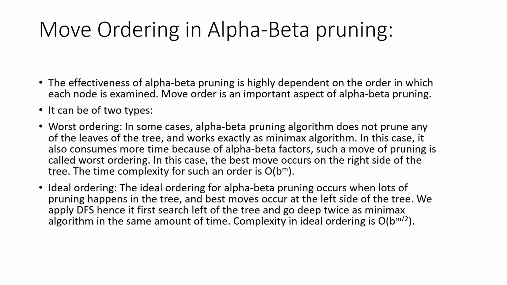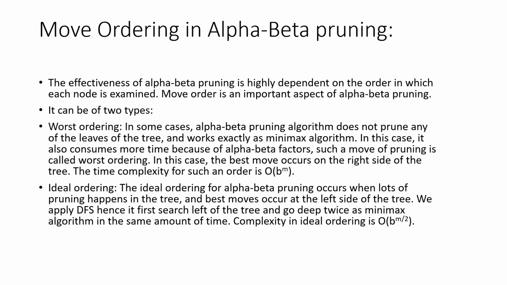The earlier we find a strong move, the more branches we can safely skip. Move ordering means the sequence in which child nodes are evaluated in the game tree. Alpha beta actually uses DFS from left to right. The nodes examined earlier strongly affect the pruning, and nodes examined later may never be visited.